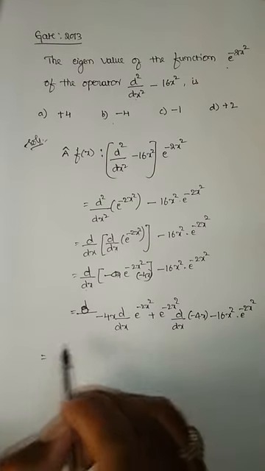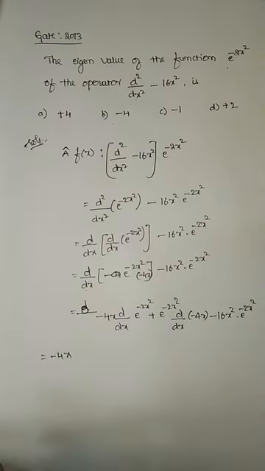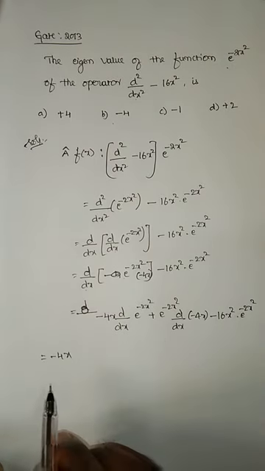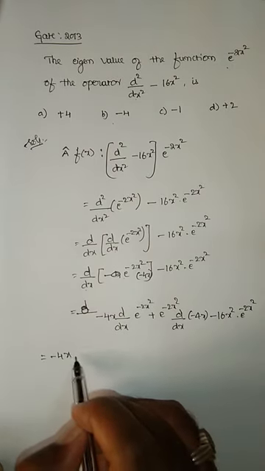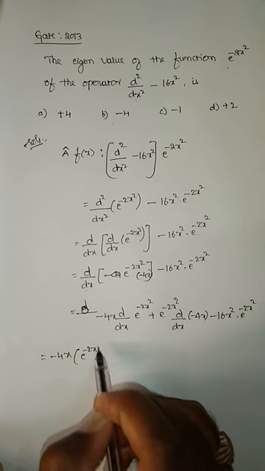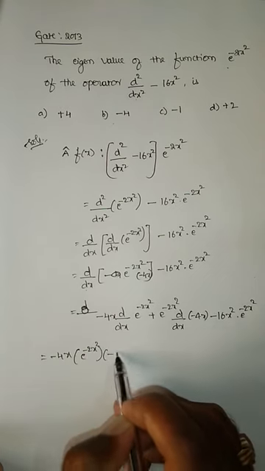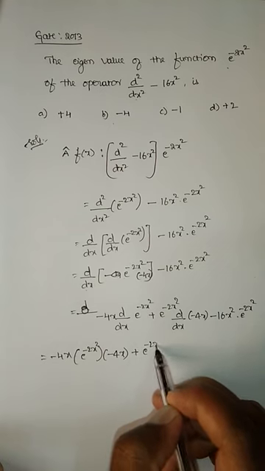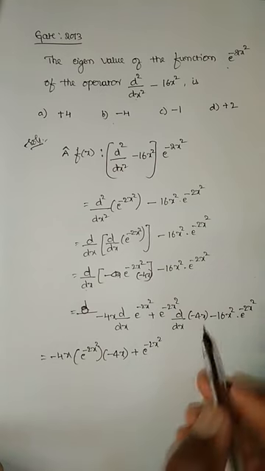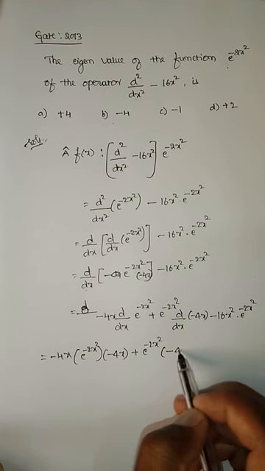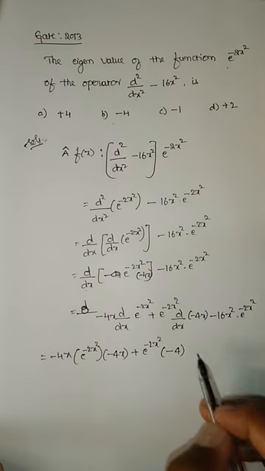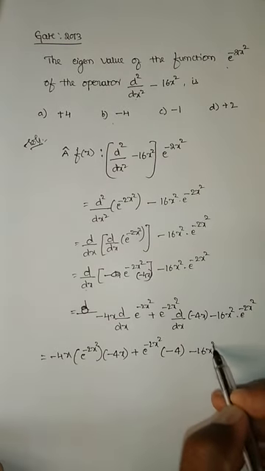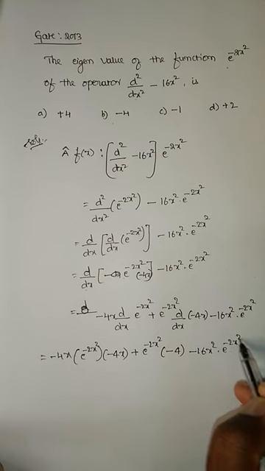Thus it will give minus 4x, and d by dx of e power minus 2x square will once again be e power minus 2x square into minus 4x, plus e power minus 2x square remaining as it is, and d by dx of minus 4x will be minus 4, minus 16x square into e power minus 2x square.